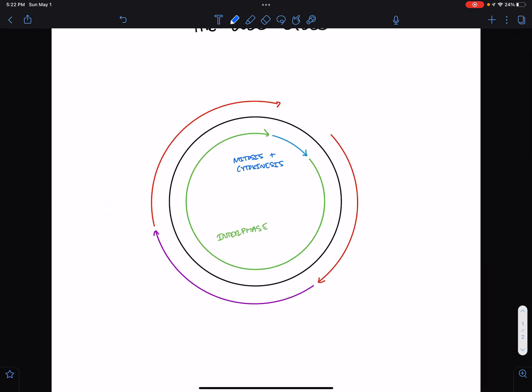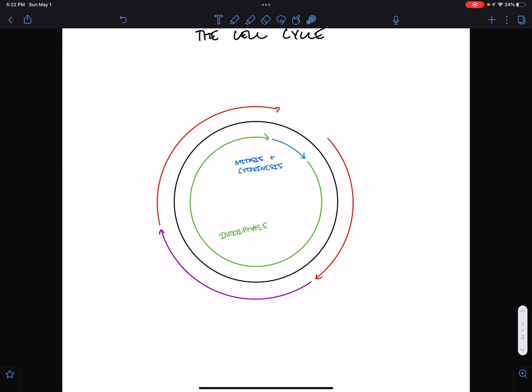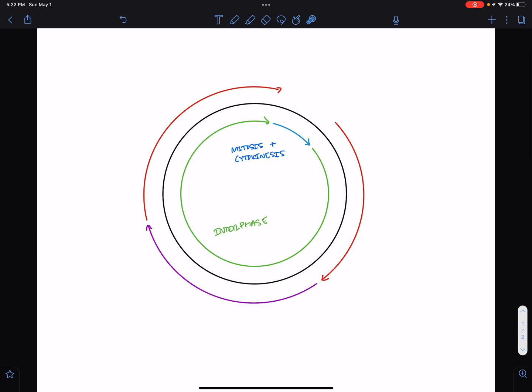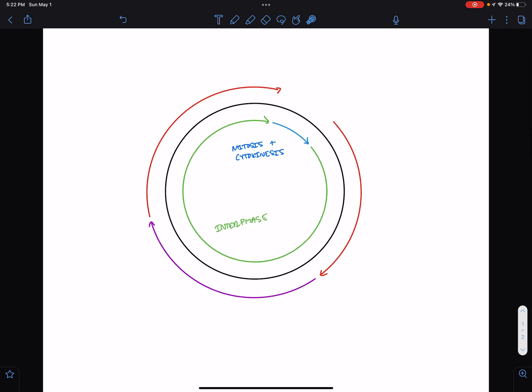And there are different components to mitosis and cytokinesis, as well as interphase, that we'll be discussing in class. We're going to really dive into the phases of mitosis in class tomorrow. And this screencast is mostly about what's happening in interphase when the cell is not actively dividing.